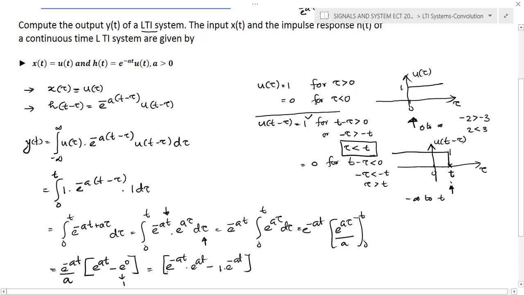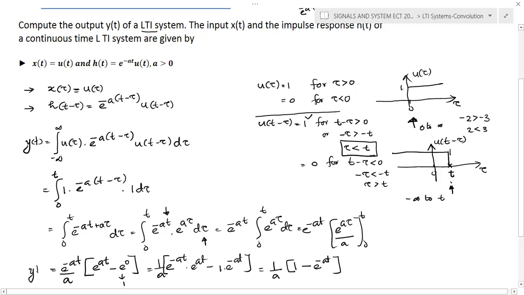And already there is a 1 by a. If you rewrite this equation, it becomes 1 by a times 1 minus e raised to minus at, because e raised to minus at plus at becomes e raised to 0, which is equal to 1, into e raised to minus at. And we got the equation for y of t.